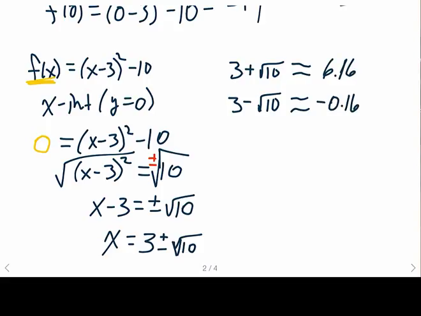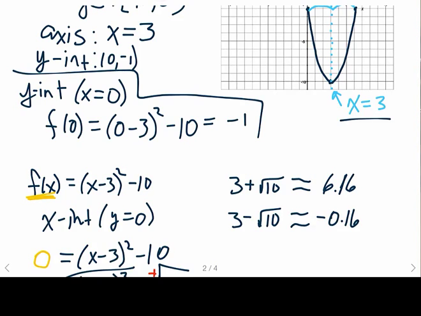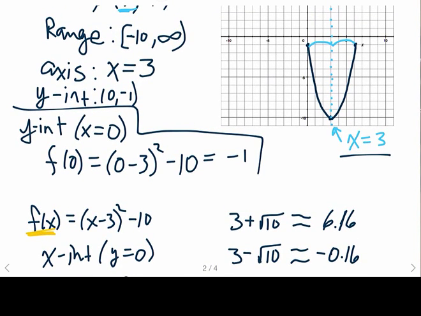And my calculator gave me approximate values of 6.16 and -0.16 respectively. That tells me where I can put some dots on the x-axis, and so 6.16, I'm not going to get a high degree of accuracy here, but a little more than 6, and then -0.16, that's going to be just to the left of the y-axis there.